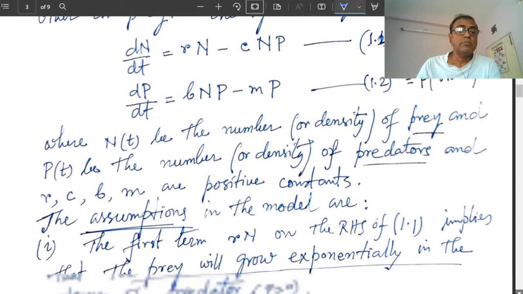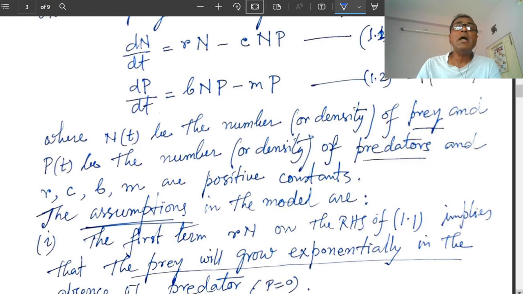Now, from these equations 1.1 and 1.2, the assumptions for this model are: the first term RN on the right hand side of 1.1 implies that the prey will grow exponentially in the absence of predator.